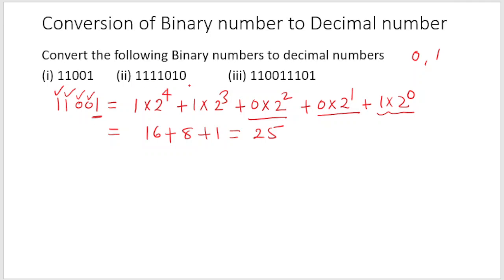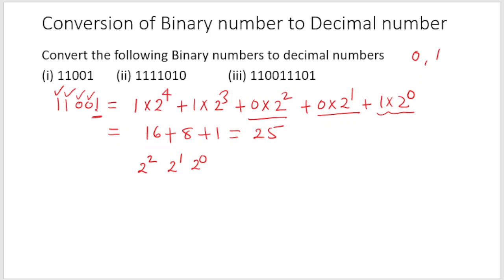But before I take the next problem, I just want to highlight that the bits in different positions can be seen like this. The first position will be 2 to the power 0, the second position should be multiplied by 2 to the power 1, the third position by 2 to the power 2, and so on.